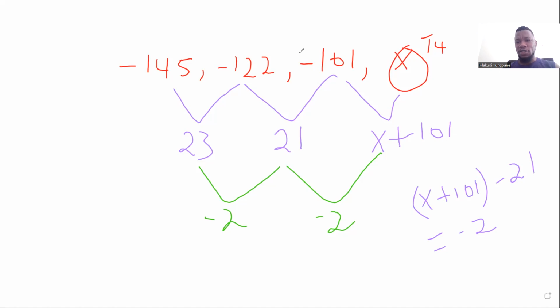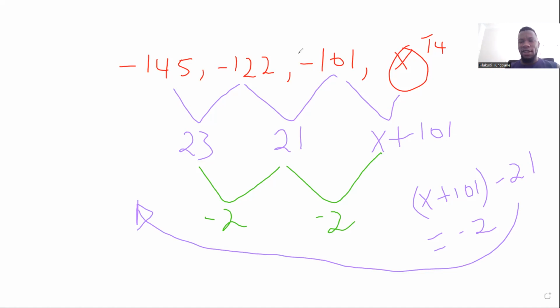So if you just write it neatly, let's take it to here. So you're going to have 101 there. Let's simplify that.